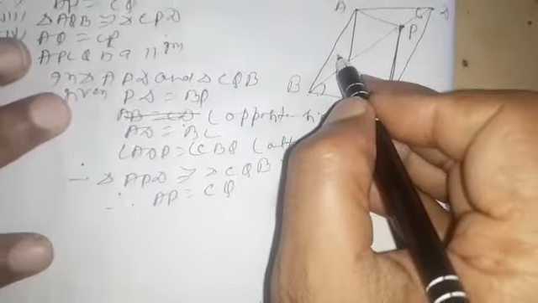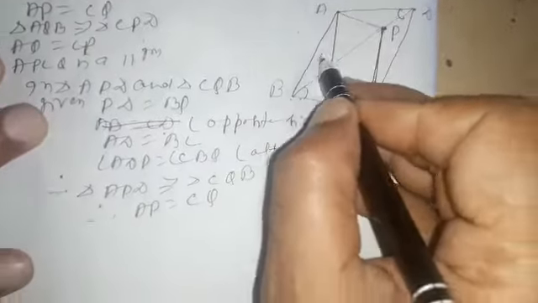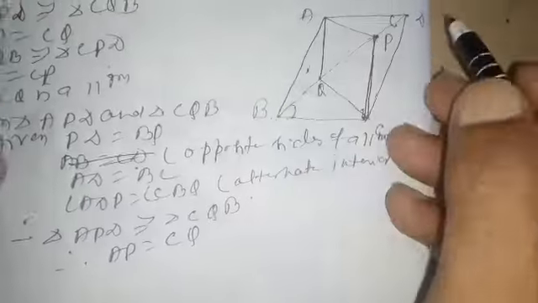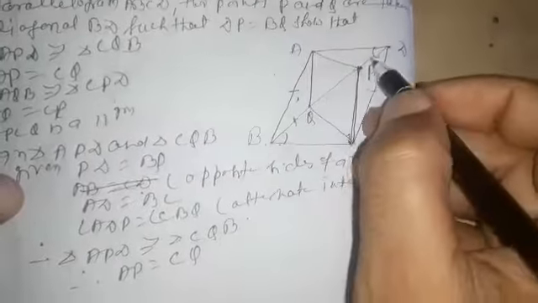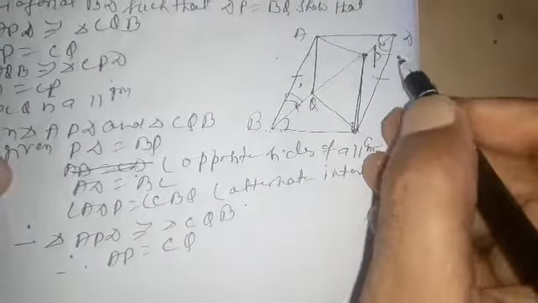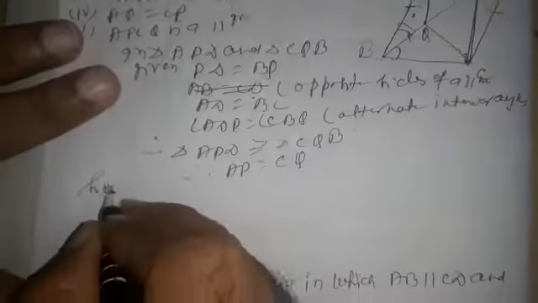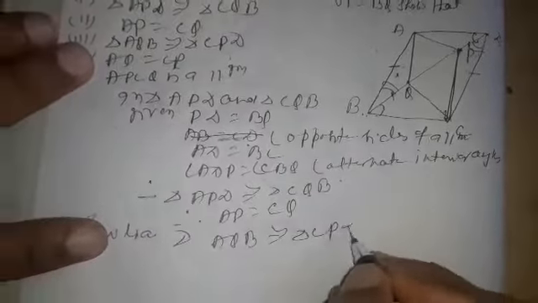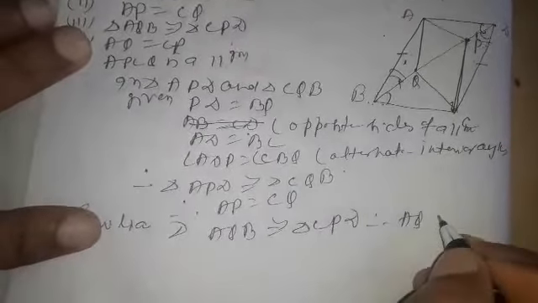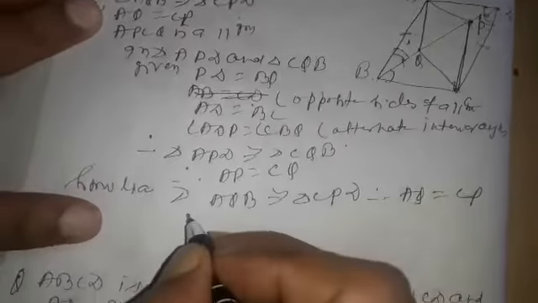Similarly, we can show triangle AQB and CPD congruent also, because these two sides are equal, and these angles are also alternate interior angles, and we can say that similarly triangle AQB is congruent to triangle CPD, therefore AQ is equal to CP.